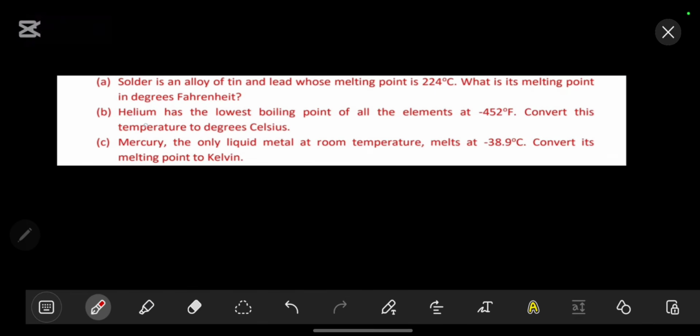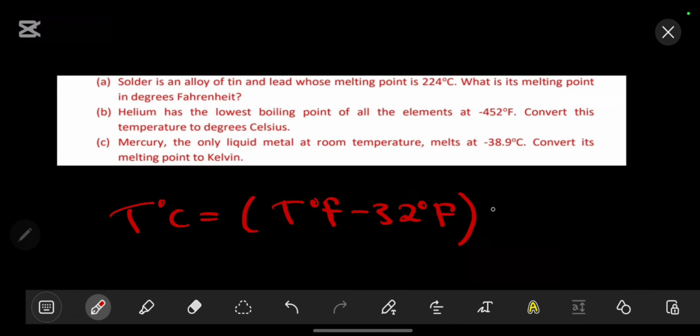Looking at this other one, we have helium as the lowest boiling point of the elements at negative 452 degrees Fahrenheit. Convert the temperature to degrees Celsius. So using the formula, temperature in degrees Celsius should be equal to the temperature in degrees Fahrenheit. We subtract our 32 degrees Fahrenheit. Then we have our 5 degrees Celsius over our 9 degrees Fahrenheit.